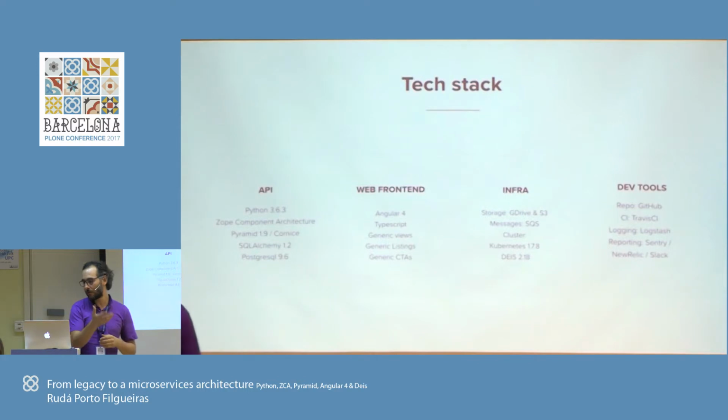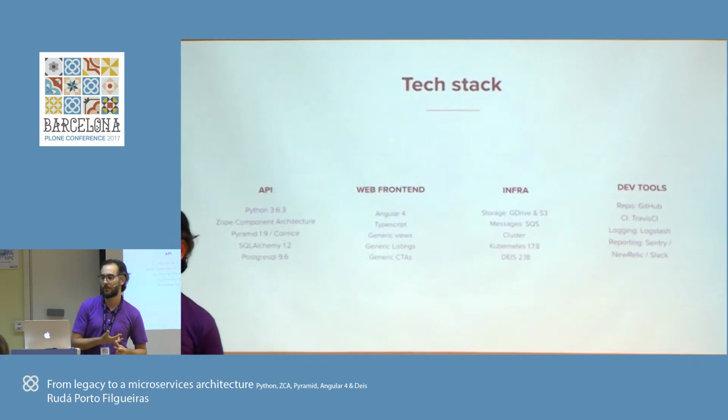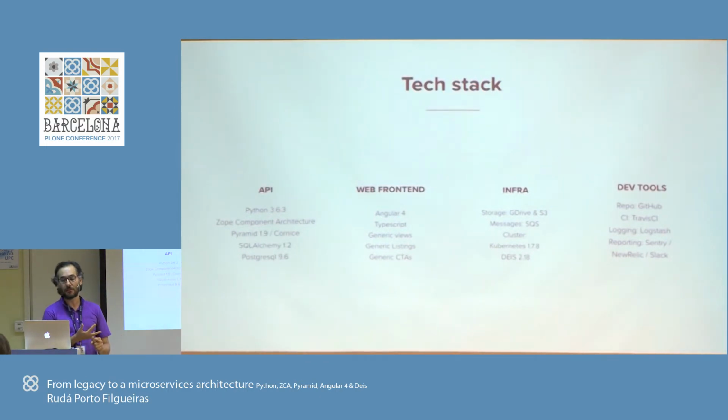It's a workflow I will explain better later. And as usual, GitHub, Travis, Elasticsearch with Logstash to centralize logging, and Sentry for the front end to get errors and manage the failures of the front end, and for the back end, New Relic, and Slack for notification.